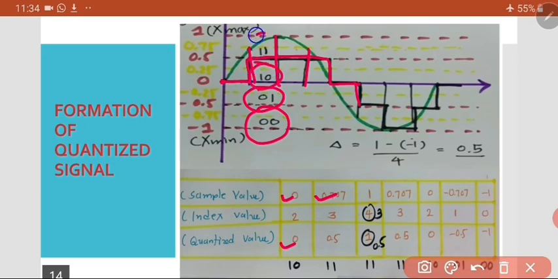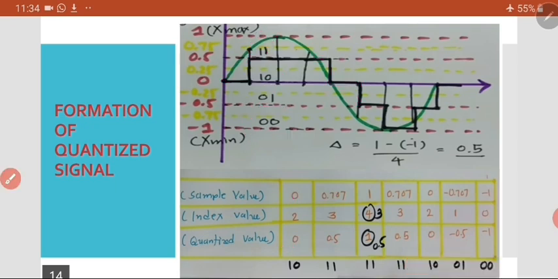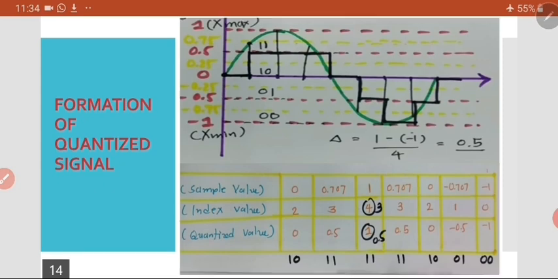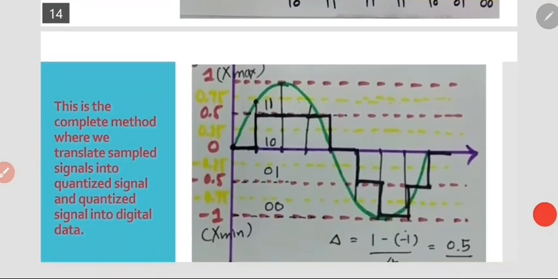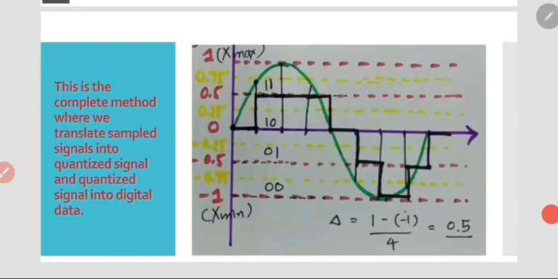This digital output will be understood by our computer system, and this data we will further feed to our computer system and it will proceed for our desired output. So finally we can see this is the complete method where we translate sampled signals into quantized signal and quantized signal into digital data.